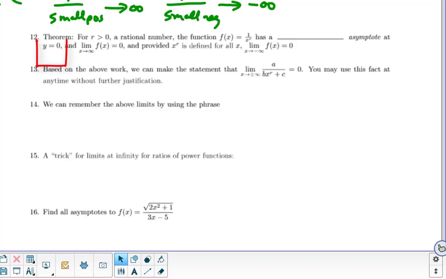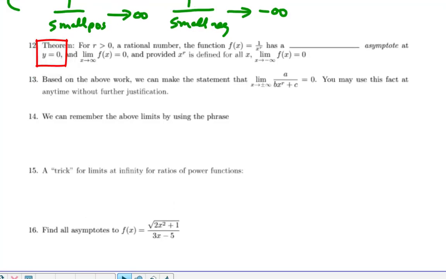Okay? So if I put 1 over x to the r, and I say I'm going to plug in a big number for x, what am I going to get? A small number, something that's approaching 0. That's all I'm saying here. Okay? So as x approaches infinity, or as x approaches negative infinity, that expression tends towards 0. So that gives me a what? Horizontal asymptote.